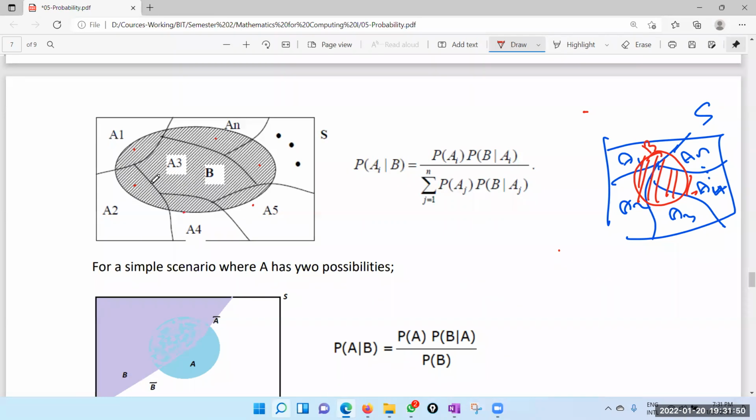B has happened. The probability of A5 given B has happened, the probability of A3, A4 given B has happened. So the Bayes formula says the probability of AI given B is P(AI) into P(B given AI), divided by sigma i equals 1 to n P(AI) into P(B given AI).